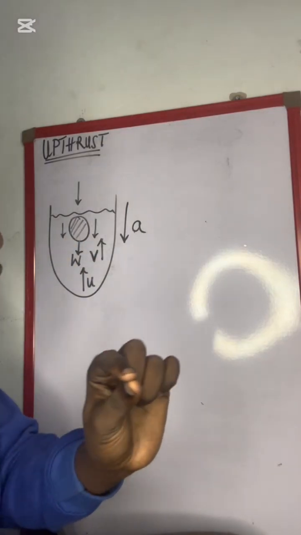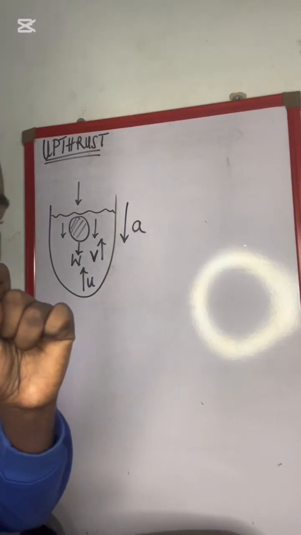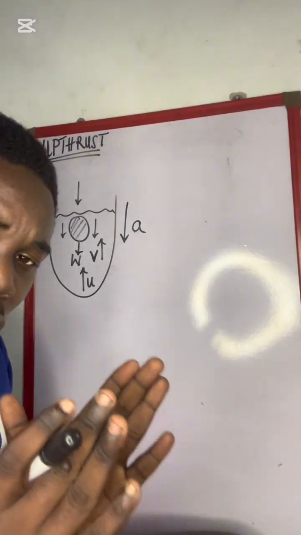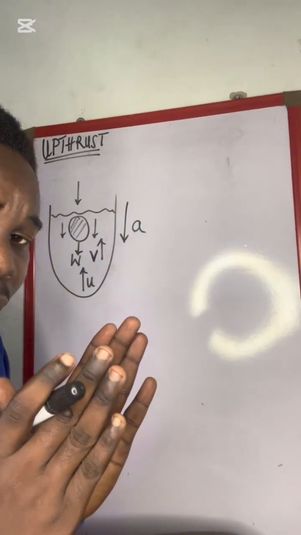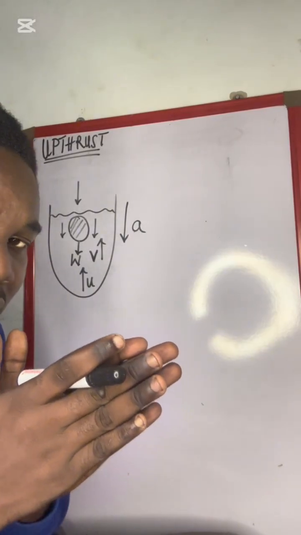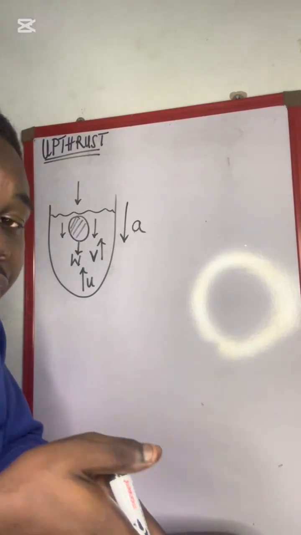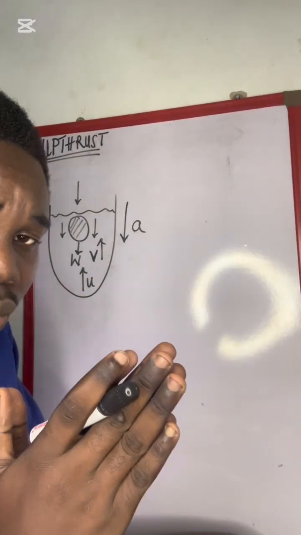But now, because the object is moving, I am sure you remember that whenever objects are moving in opposite directions and they are in contact, there will be a frictional force produced to resist that motion.